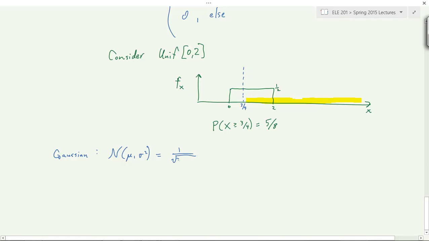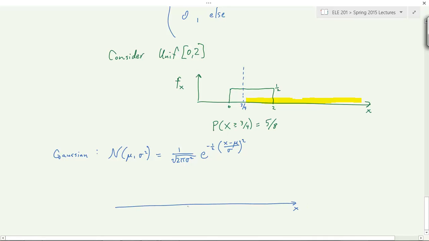This first thing is just a constant, just to make it integrate to 1. And then here's the main part. It's e to the negative x squared, although the parameters show up here. E to the negative, it's actually x minus mu over sigma, squared. Okay, so there's the normal distribution for a mu and a sigma. And really, it looks like the following.